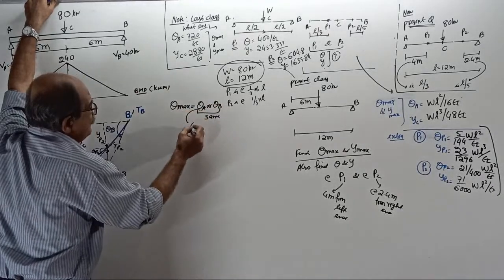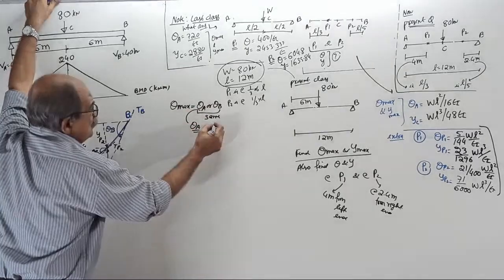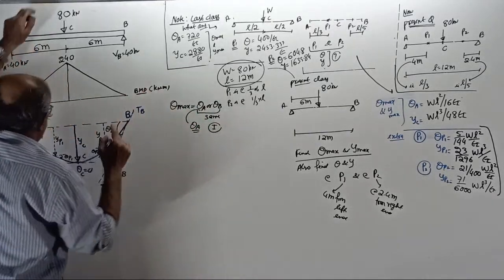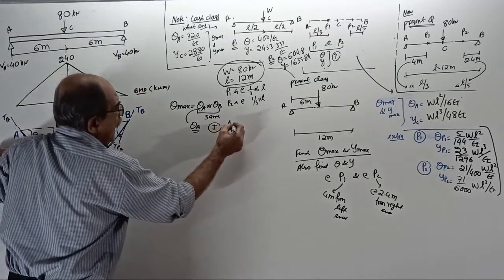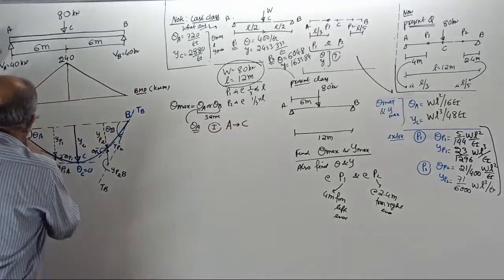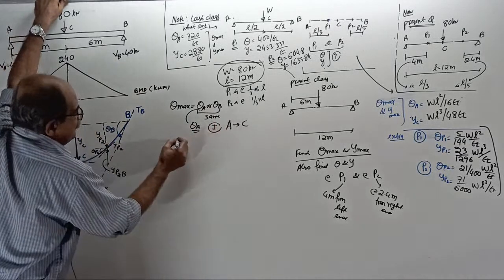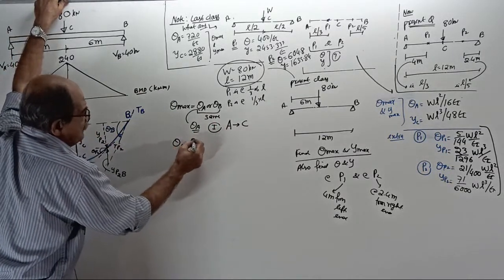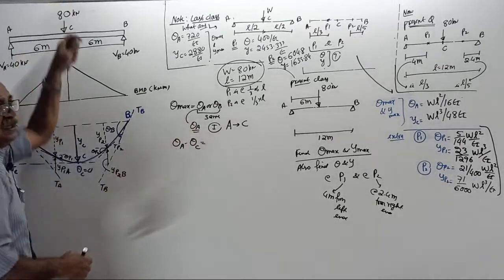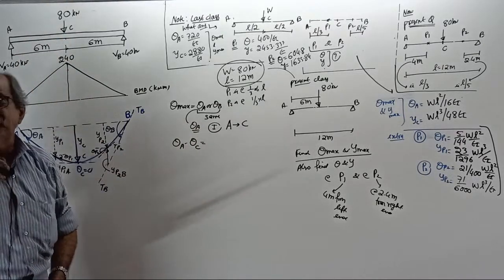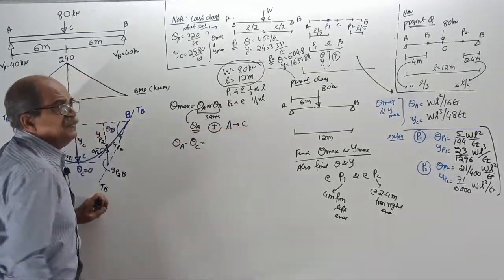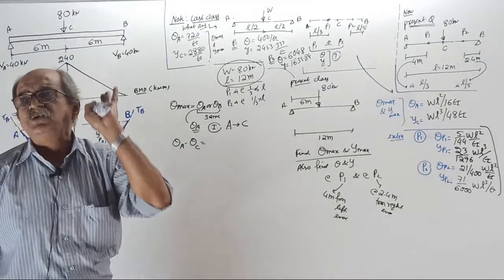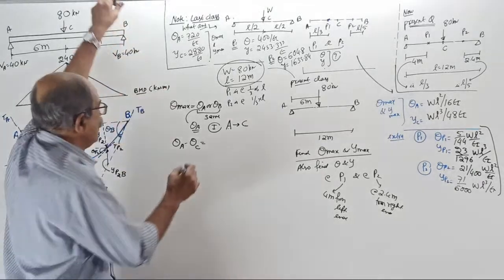So find theta A. Use the first theorem. If you want theta A, use the first theorem from A to center. Then theta A minus theta C equals the area of the BM by EI diagram between A and C. This I wrote last time; you should write.